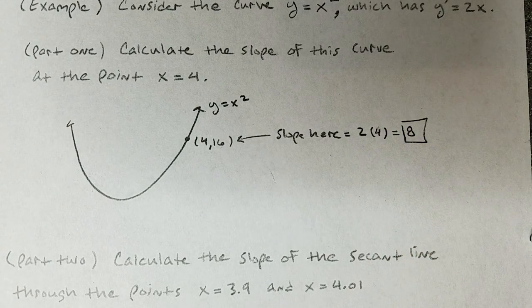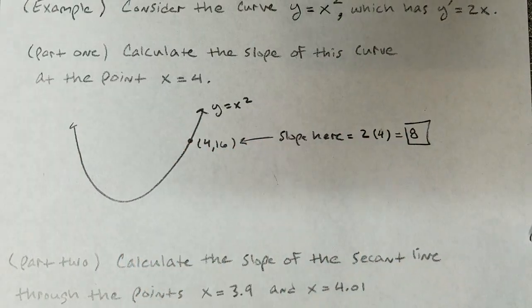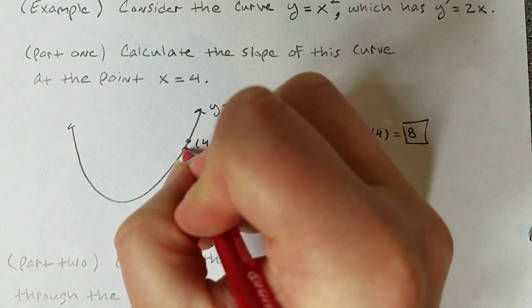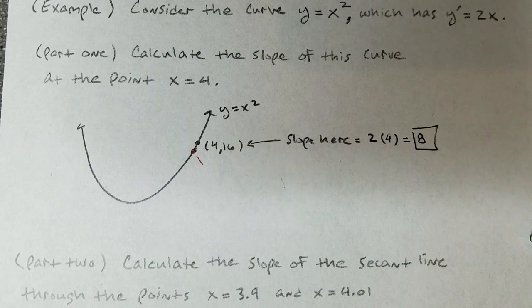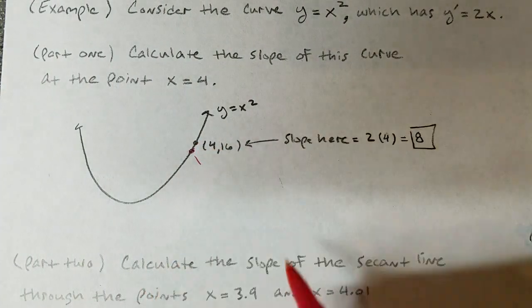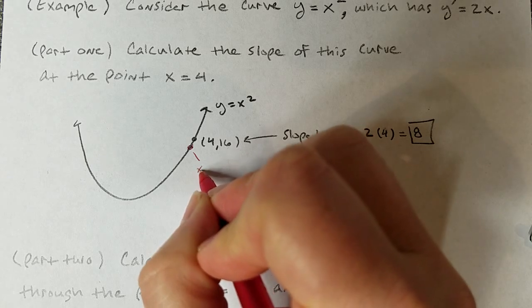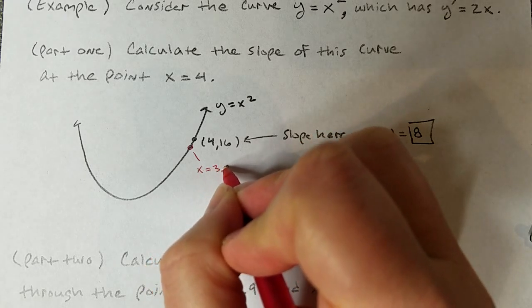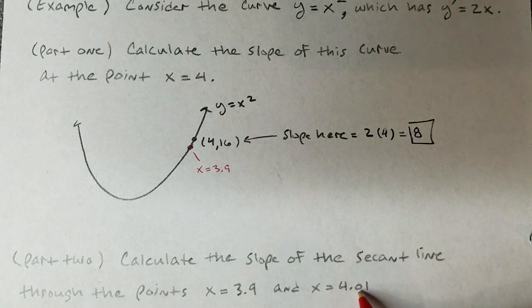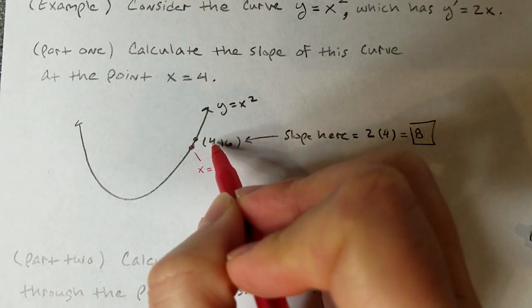So, doesn't it seem natural then if I took this point right here? Where's that point? That's just a little bit to the left of 4 if it's 3.9. So like that point has x to be 3.9. And then this point, 4.01, that's just barely to the right of this one.